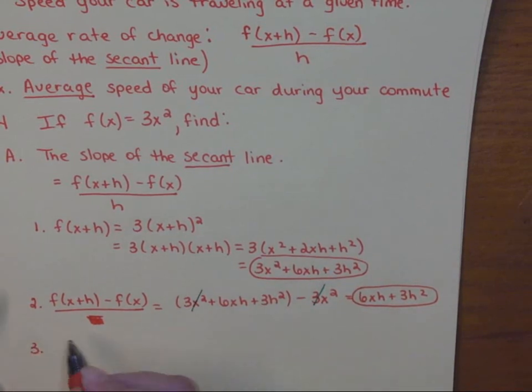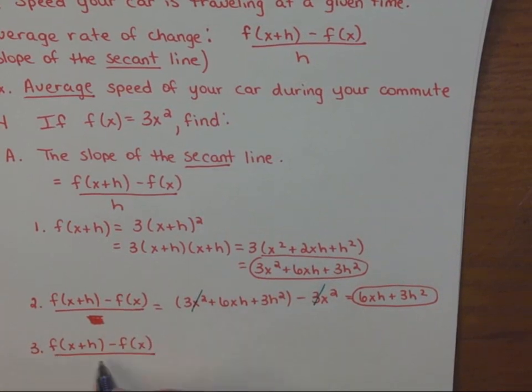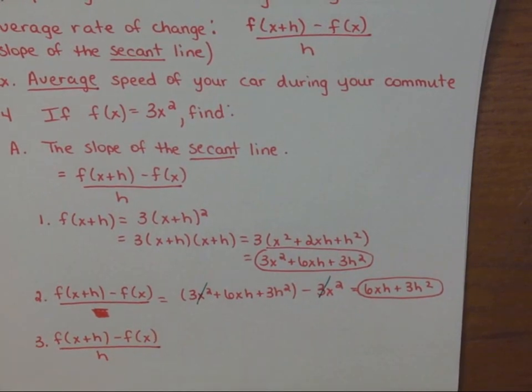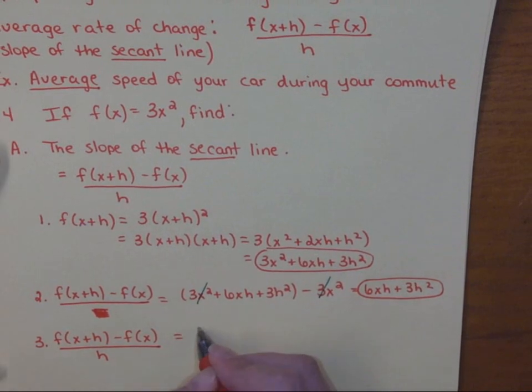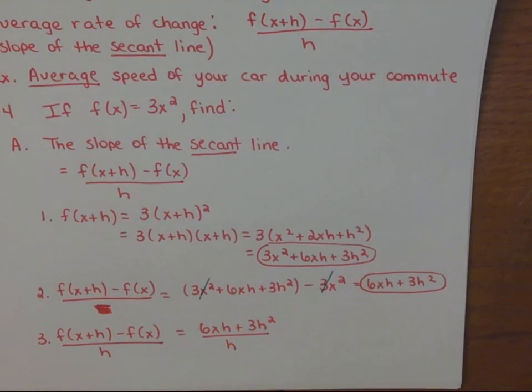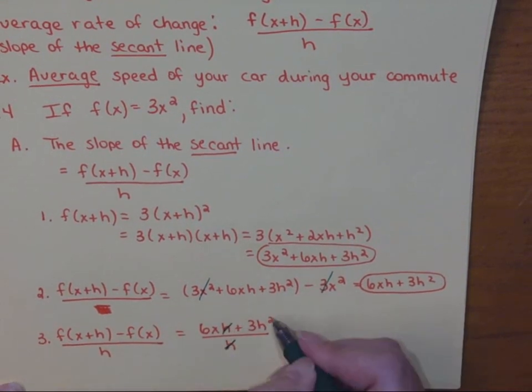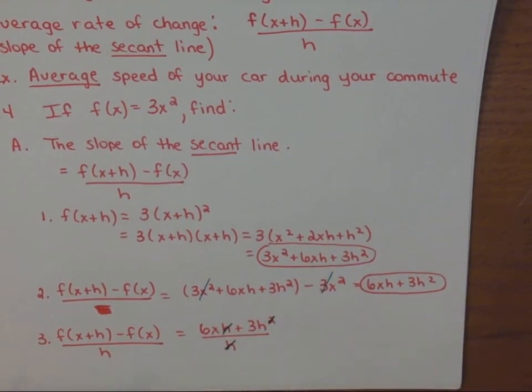And then my last step, it's my last step because I don't need to do the 4th step, because when I'm finding average rate of change, I don't need the limit portion. So that just involves me putting what I got on the last step over h. So we can shortcut this as long as you remember to cancel an h out of everything. H goes away there, but also goes away here.